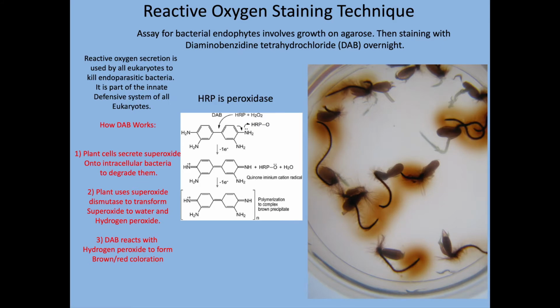Reactive oxygen, hydrogen peroxide is one. Superoxide is a very powerful form of reactive oxygen. So the plants actually secrete superoxide onto these microbes. And so we're using the staining technique because that allows us to see those microbes. If we didn't have this, those microbes would be invisible.